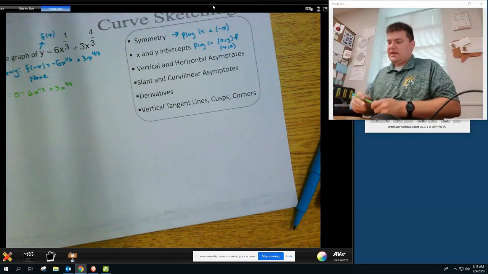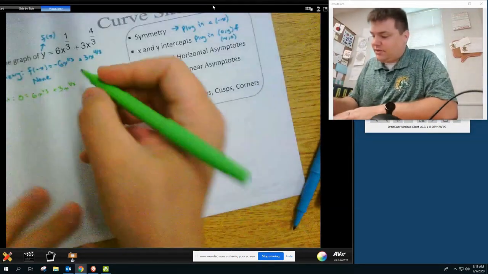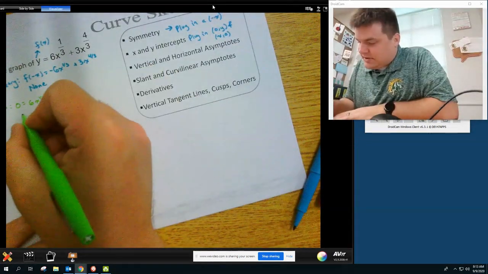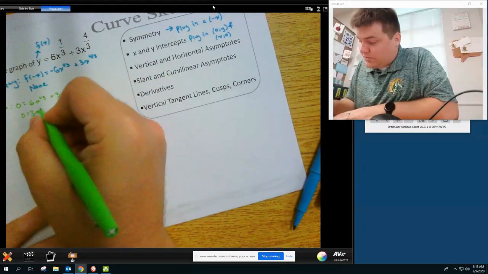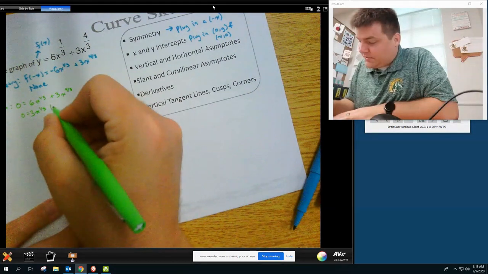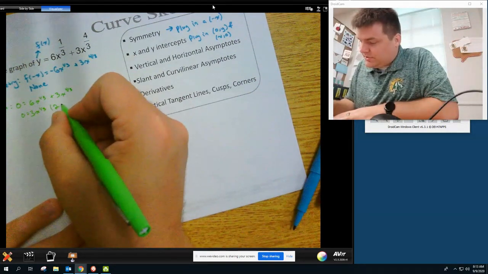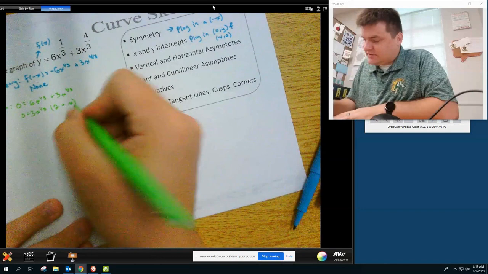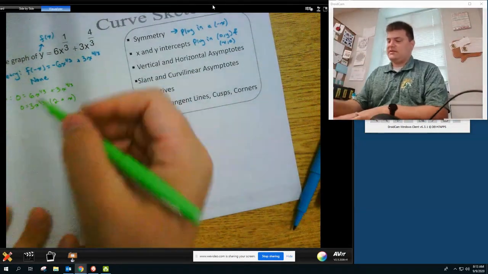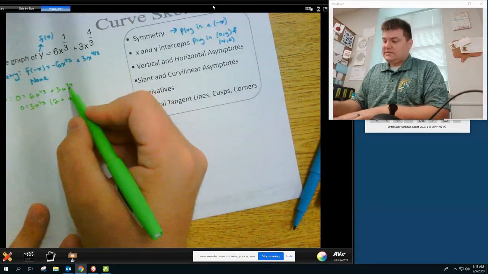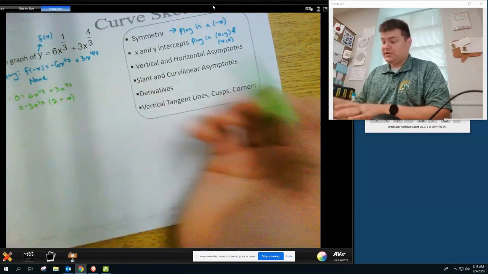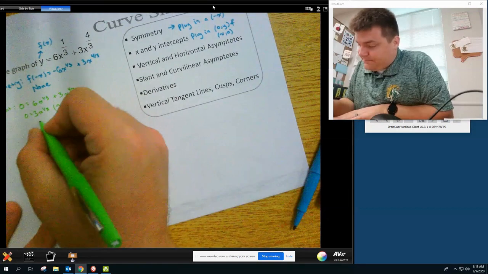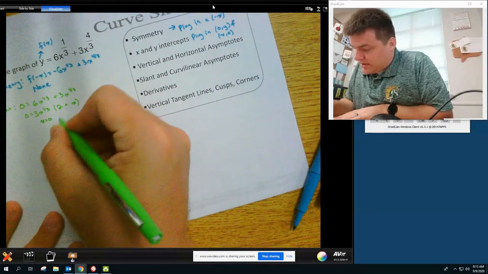And this has a GCF of x to the 1/3, and a 3 can come out as well. So 3x to the 1/3, and I'm left with 2 plus x if I divide everything out. If I divide x to the 1/3 out, the x to the 4/3 gives me x to the 3/3, which turns into x. So I'm going to get x-intercepts of x equals 0 and x equals negative 2.